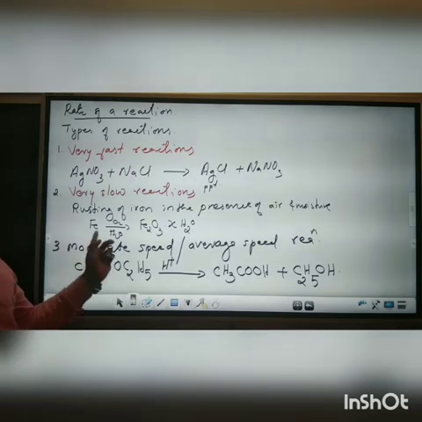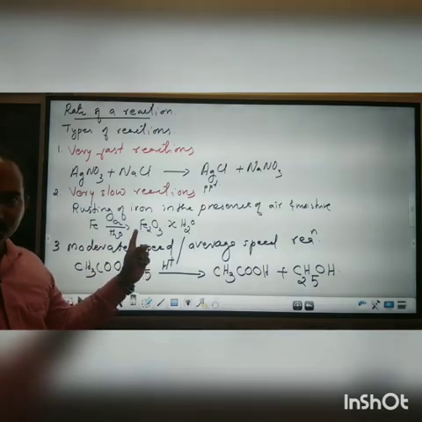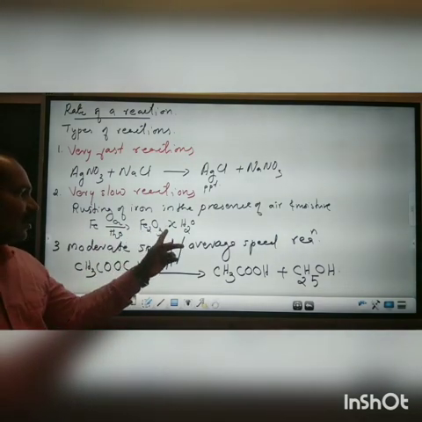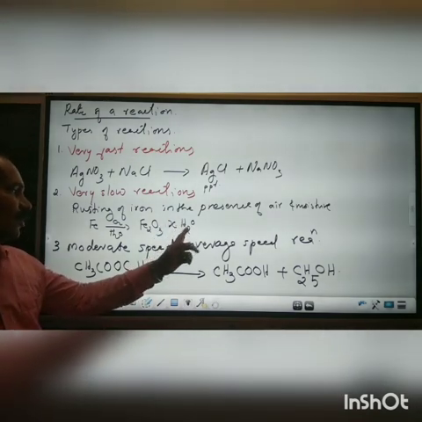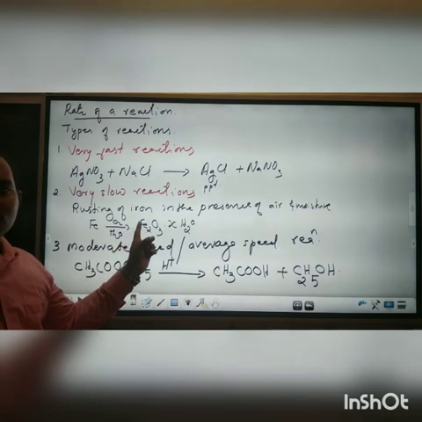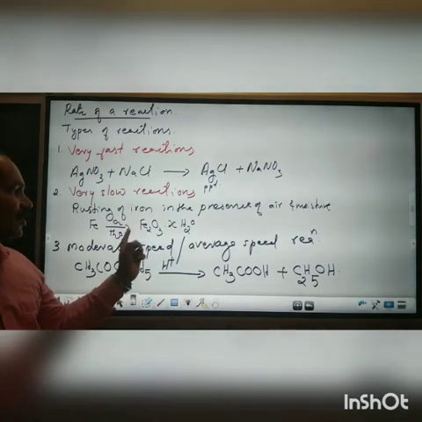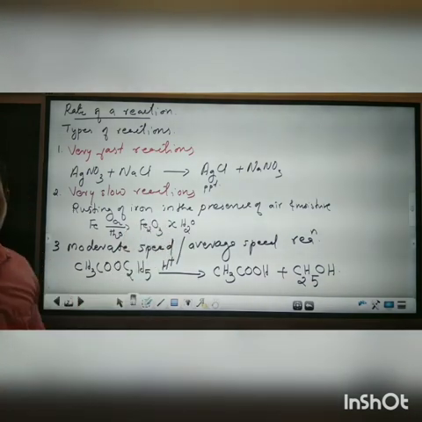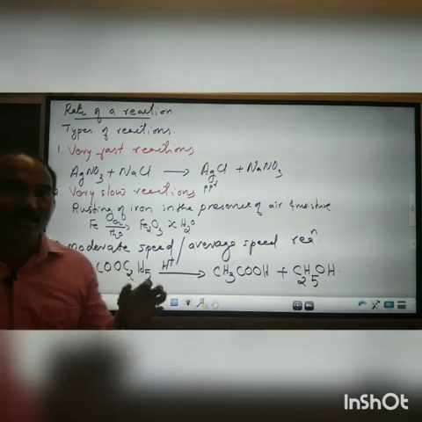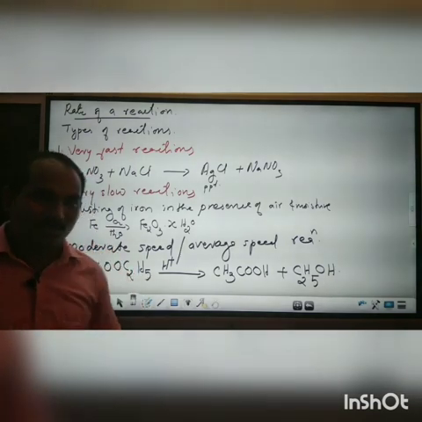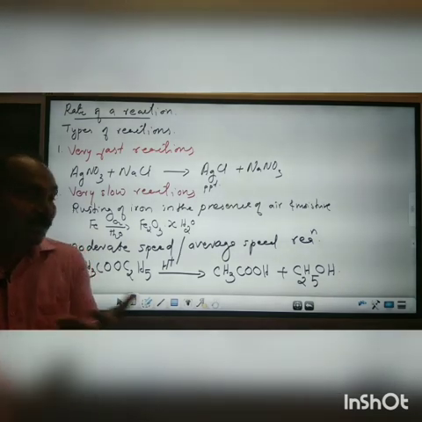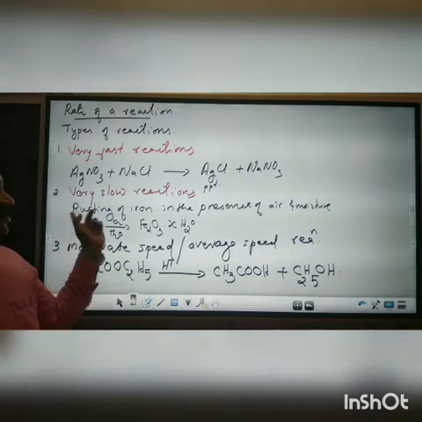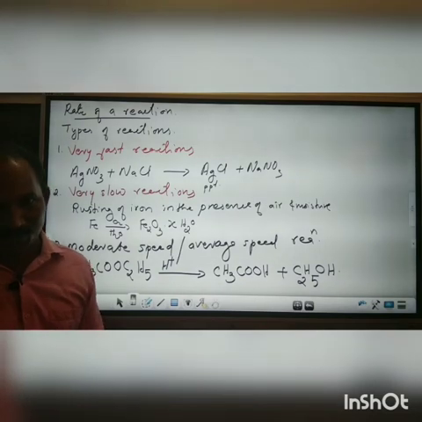The iron oxidizes into ferric oxide, and x number of water molecules are absorbed on the surface. So that is the rust, Fe2O3.xH2O. This reaction takes place very slowly in the atmosphere. It takes weeks, maybe months, maybe years. So this is a very slow reaction.